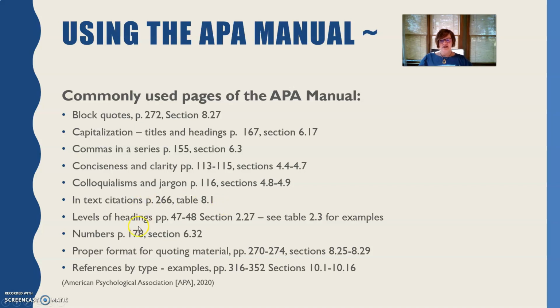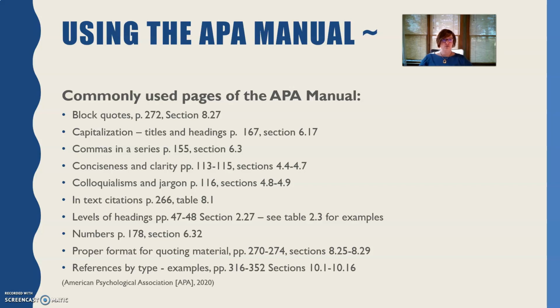Again, your in-text citations, your levels of headings, and just know that on the inside cover of your APA manual there are resources. I believe the inside of the front cover has the in-text citations and the levels of the headings. On the inside of the back cover, you will find some common references and examples for those.